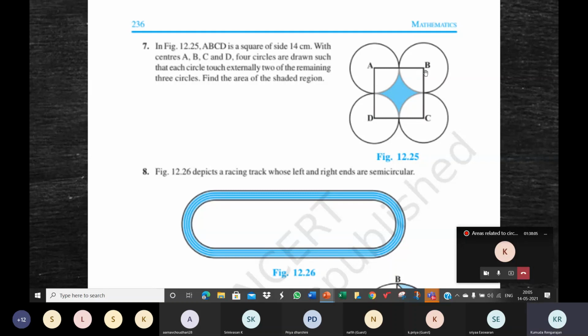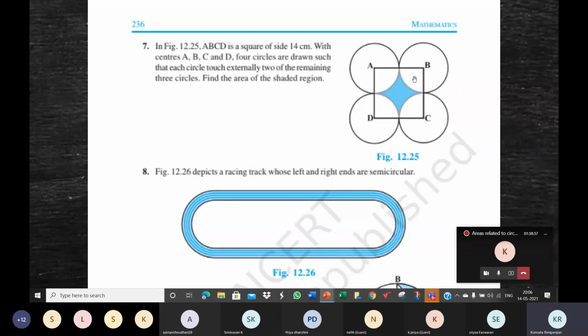So the area of the square is 14 into 14 minus the area of the 4 sectors, or 4 quadrants. 1, 2, 3, 4 quadrants, because the sector angle here is 90 degrees; it's a square, so the corner is 90.